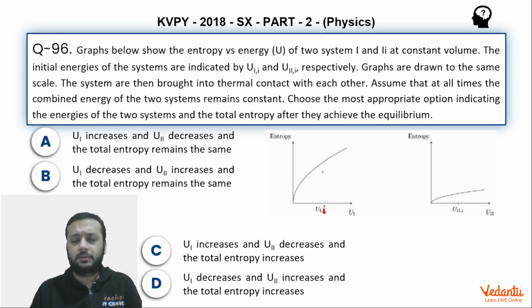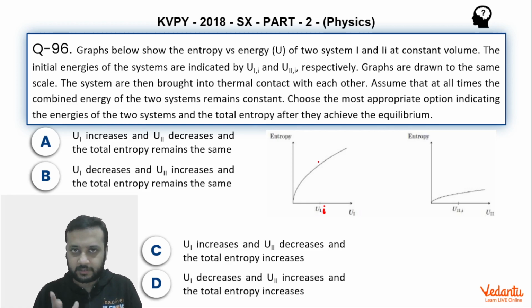Now let us see. In solving this question, we are going to use the concept that total entropy in any event will always increase, if it's an irreversible process. So in general, we can say that all the real processes in this universe are irreversible processes only. So for such a process, the entropy of the system will always increase.